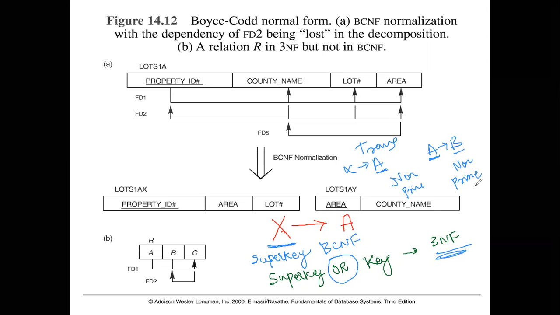So we can note over here that it is the non-prime attribute that is determining another non-prime attribute, which is not allowed in the relational schema. So a non-prime attribute cannot determine another non-prime attribute in the relation. A proper subset of a key can functionally determine the non-prime attribute. So that is the 3NF and BCNF.